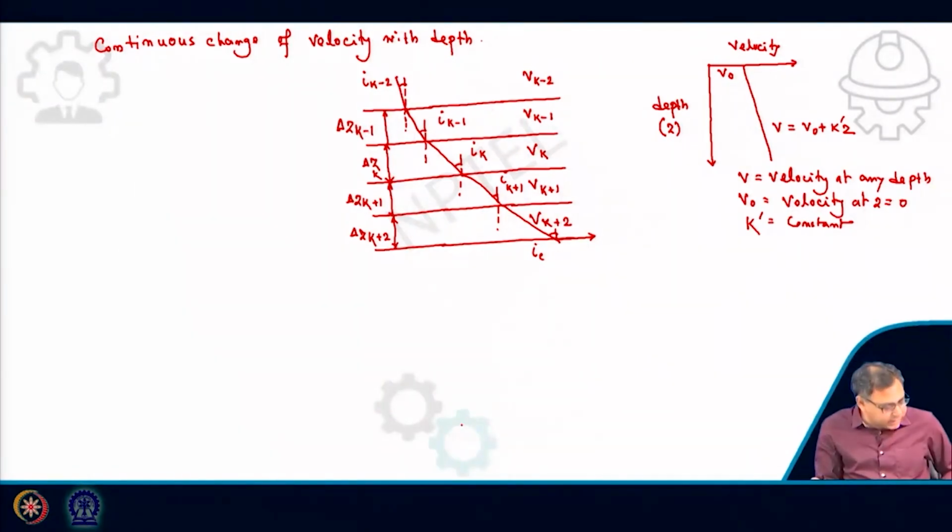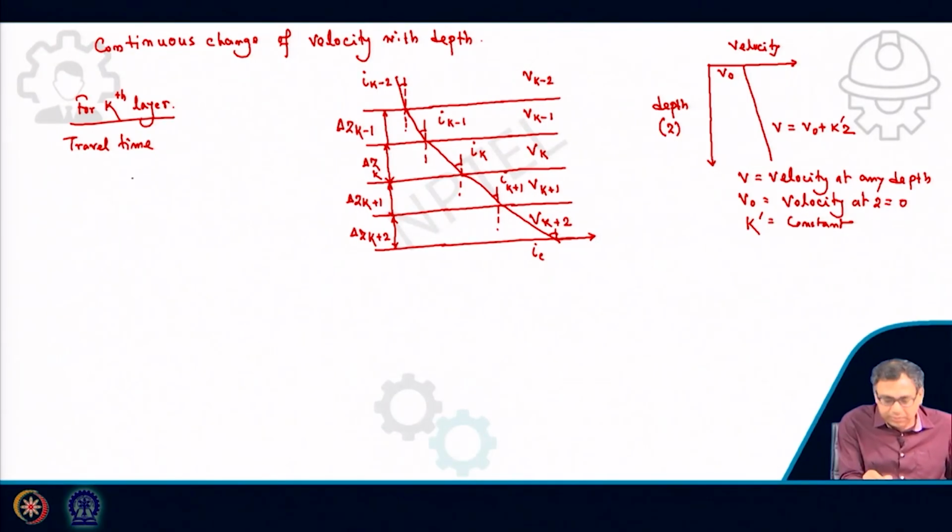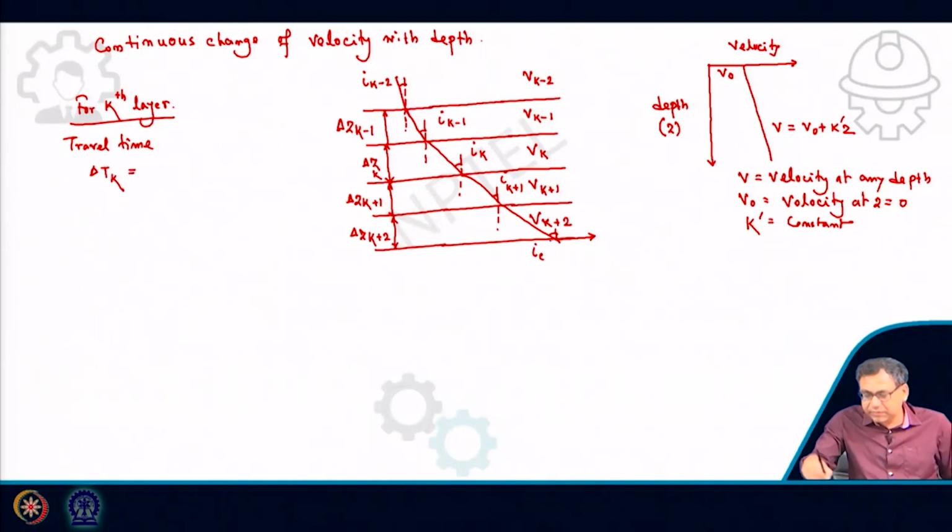Now what I am doing is, for the kth layer, the travel time will be, what? The travel time will be del Tk, the travel time of this refracted ray.